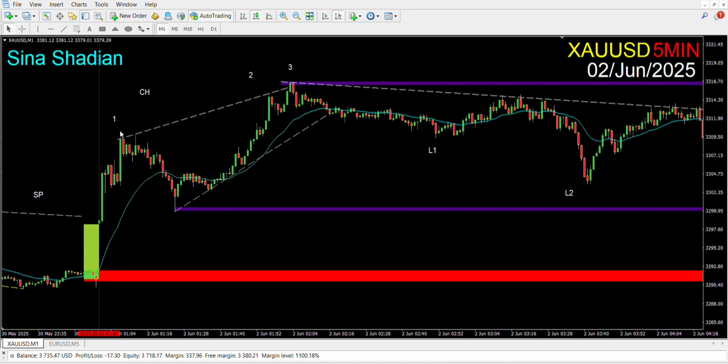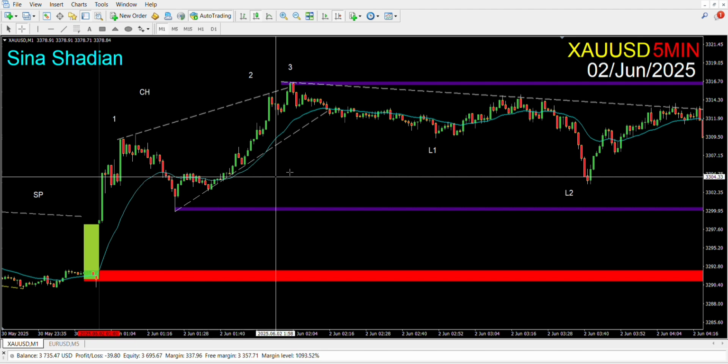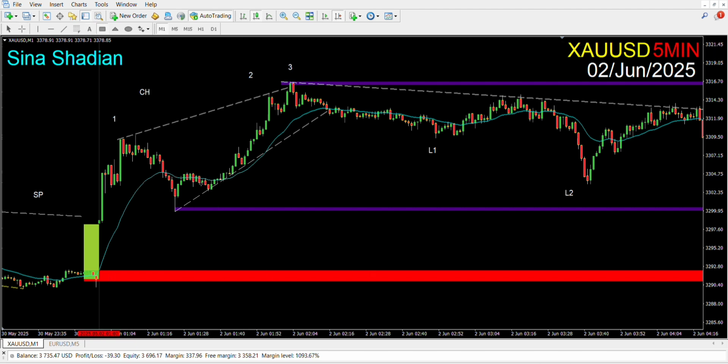So spike, then channel with 3 touches, and then it breaks below the trend line with 2 legs, the first leg, and then the second leg a little deeper than the first leg. Market touches this level exactly right here.